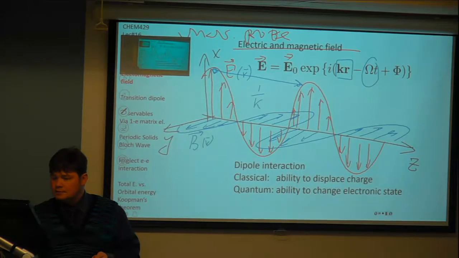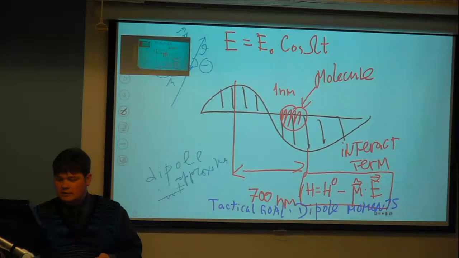Then we recalled what light waves are and agreed that if matter, a molecule, or a nanostructure interacts with light, one has an additional term in the Hamiltonian.